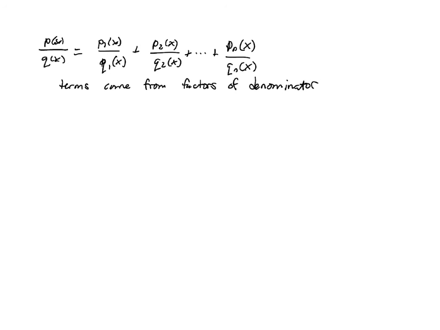So in the previous pages we saw what happens when the factors of the denominator are all distinct and linear. The next case that occurs is when one of the factors of the denominator is a power of a linear factor.